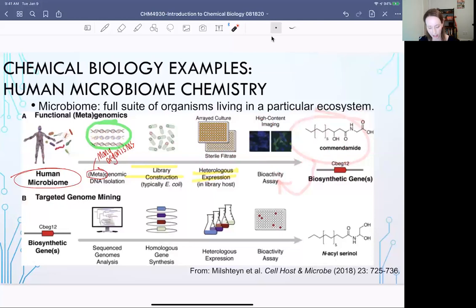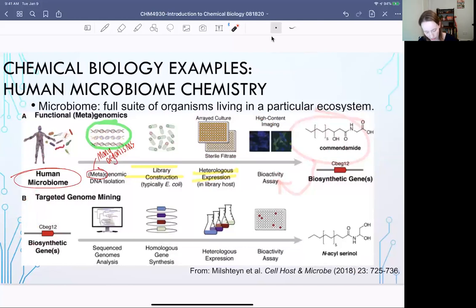And this top scenario, part A here, is kind of a random way of going about looking at things, looking at the full ensemble of different genes that are present within the microbiome. Scientists have also gone about this in a targeted way, meaning that scientists look for a specific gene from an organism that they hypothesize would be involved in creating an organic molecule, or the protein product, the enzyme product of that gene would be involved in catalyzing a reaction that yields an organic molecule.